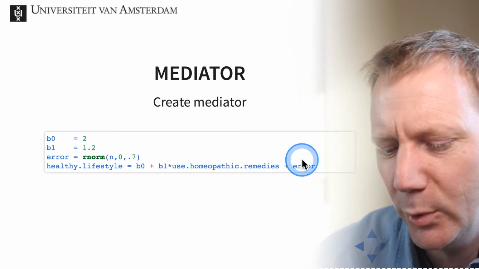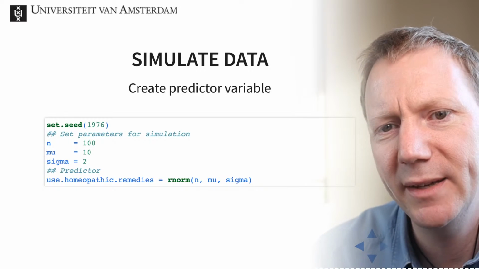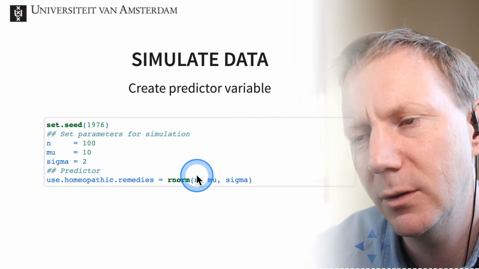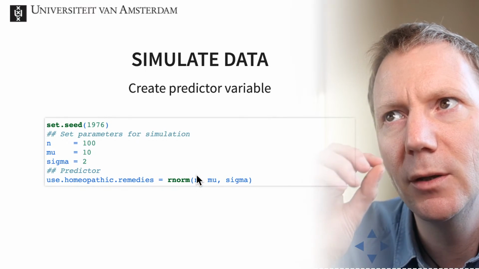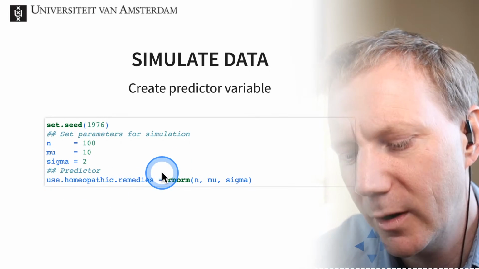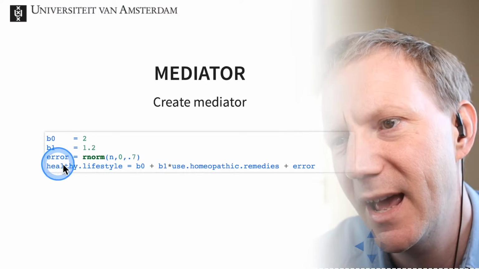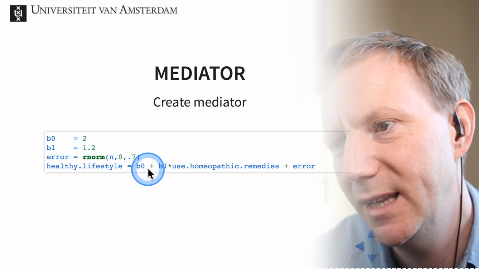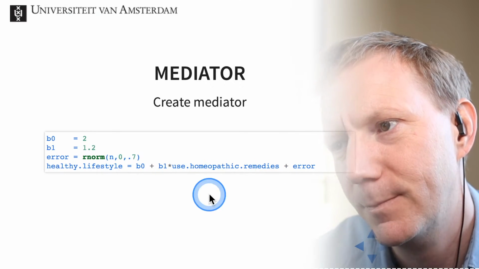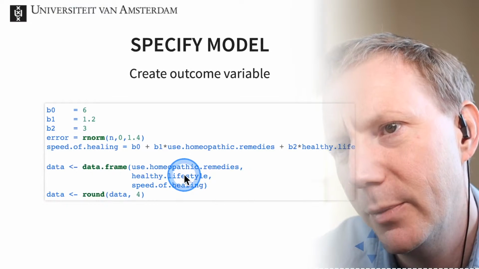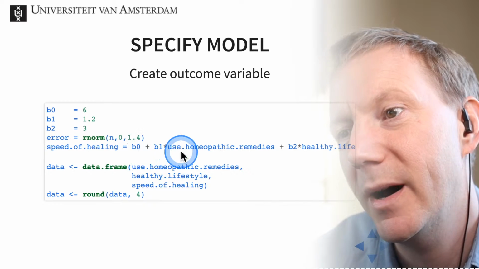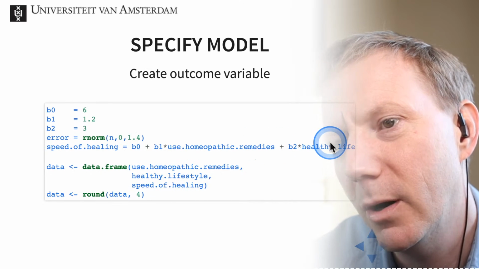So in this simulation, I'm actually simulating the fact that one leads to the other, right? So in terms of the way that my data here is created, I first create a random variable, and my next variable is the healthy lifestyle, which in this model is only determined by the use of homeopathic remedies. And then in the final step, we determine what the speed of healing is by combining both in a model.